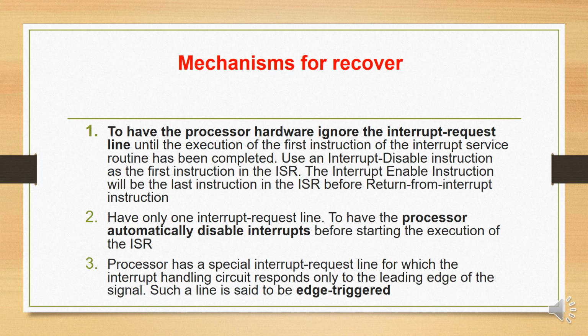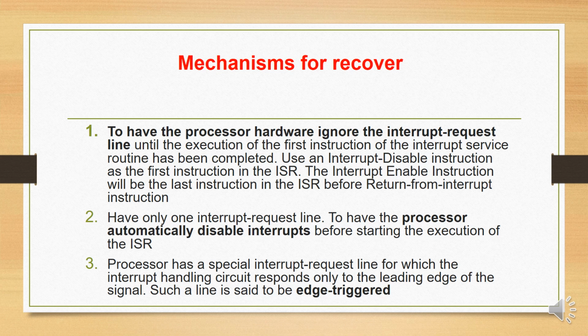The first possibility is to have the processor hardware ignore the interrupt request line until the execution of the first instruction of the interrupt service routine has been completed. Then, by using an interrupt disable instruction as the first instruction in the interrupt service routine, the programmer can ensure no further interruptions will occur until an interrupt enable instruction is executed.